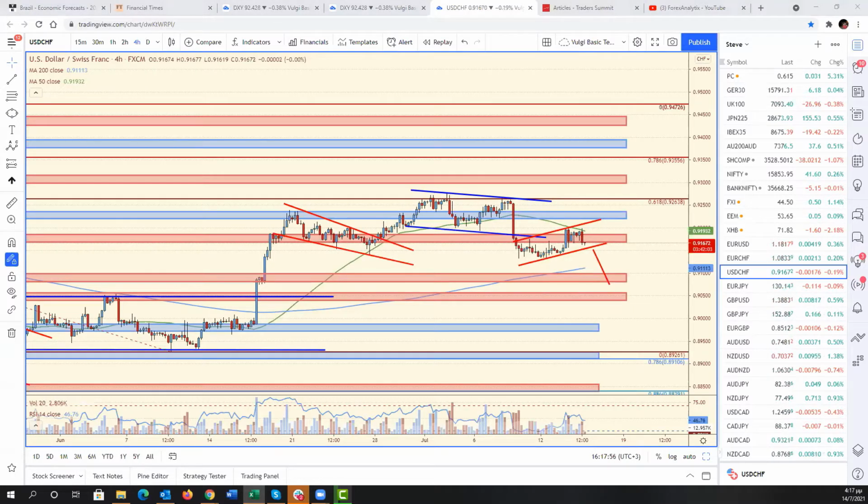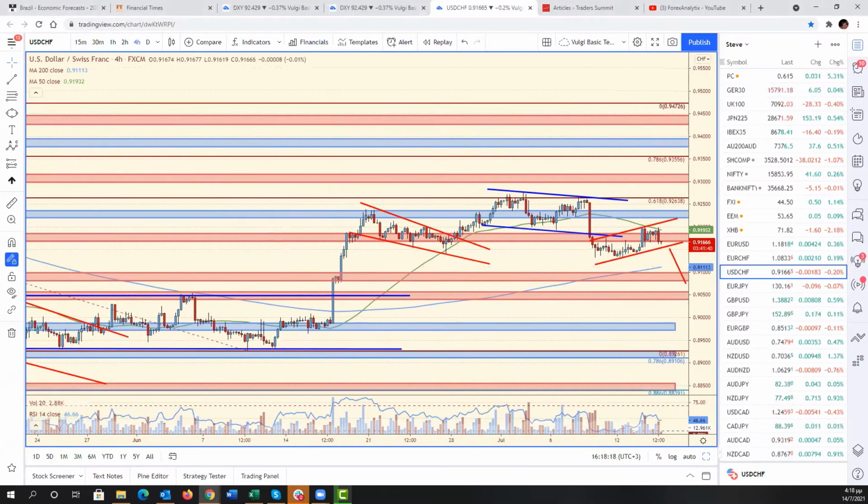Give it a little bit of leeway as well. 0.9145. Yeah, and resistance, what can be even a short term little double top at 0.92. I'm going to have to keep this in range as well.